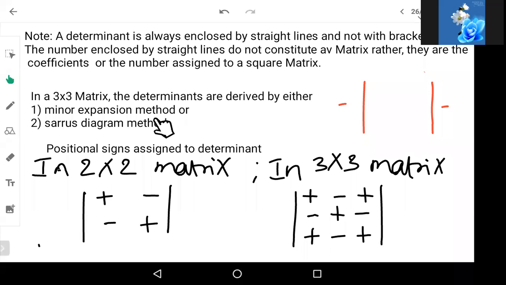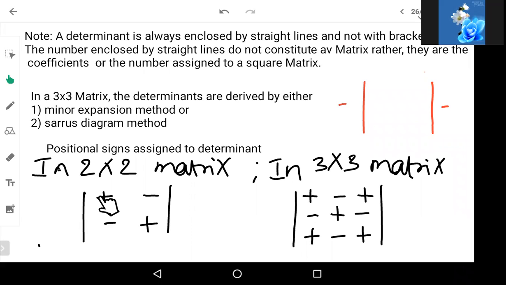Now before getting into solving the problems, you should understand the sign positions of the determinants. Whatever numbers are inside the determinant are not called elements. In a determinant, none of the numbers are called elements. They are called coefficients of a matrix.